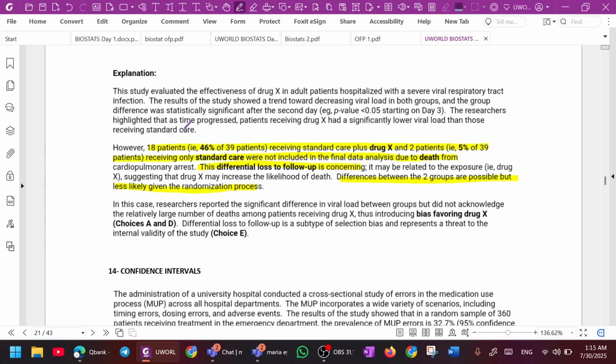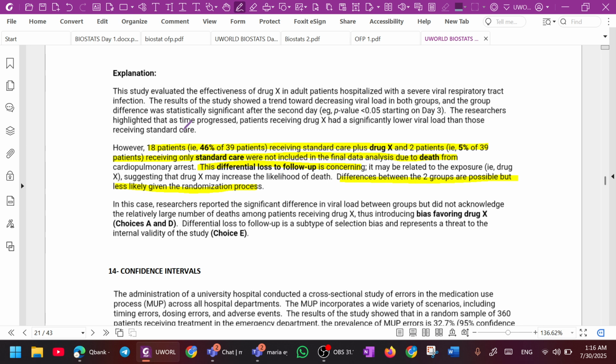The differential loss to follow-up is concerning. It may be related to the exposure, drug X, suggesting that drug X may increase the likelihood of death. Differences between the two groups are possible but less likely given the randomization process.